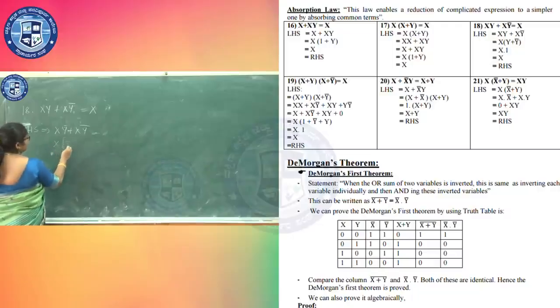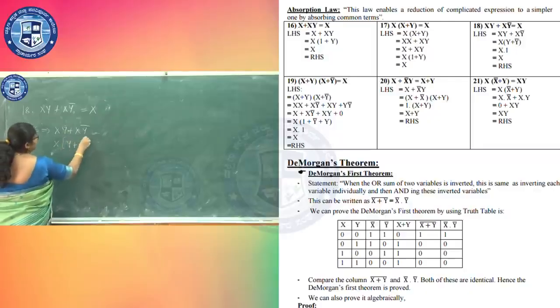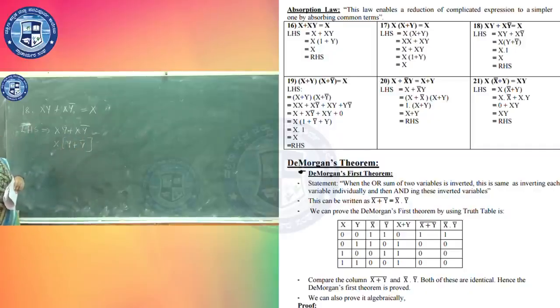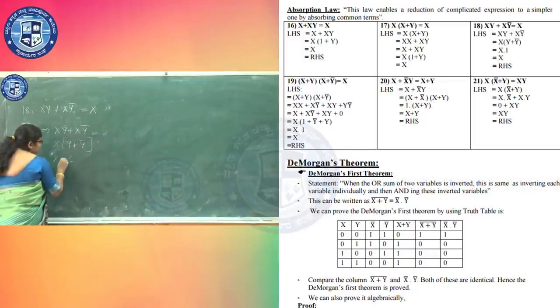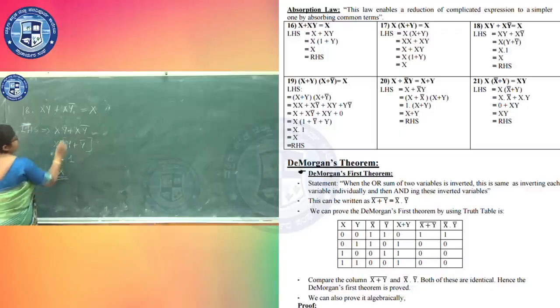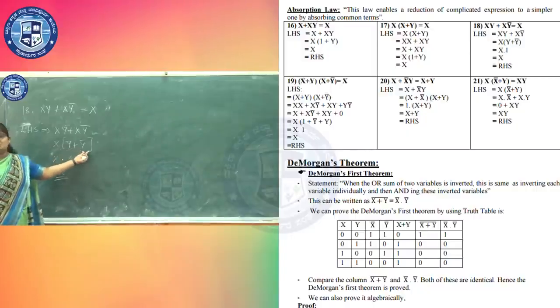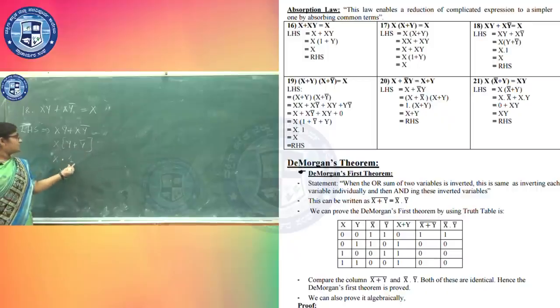If I take the x outside, y plus y dash is left out. From the Boolean theorems, we know that y plus y dash is nothing but 1, and y and y dash is 0, but y plus y dash is 1. So x into 1 is nothing but x, and we have arrived at the RHS. This is one of the Boolean theorems. You can turn back and see y plus y dash, or x plus x dash, is nothing but 1.